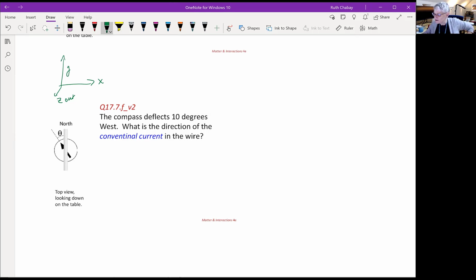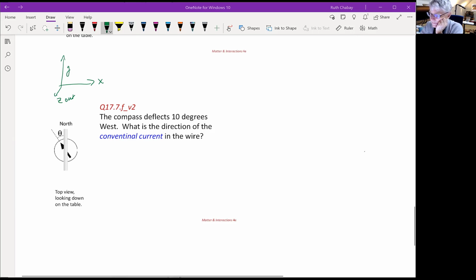Okay, let's stop and talk about this, because this is what you said, and that's sort of a mess. So here's the wire on top of the compass.